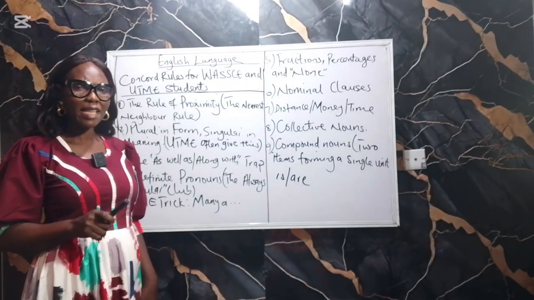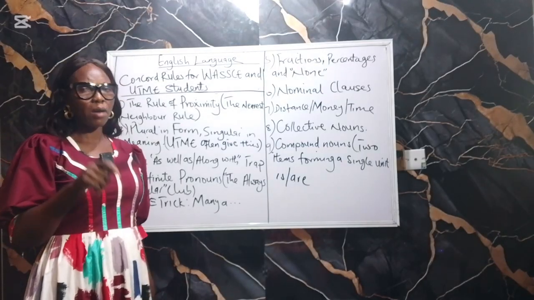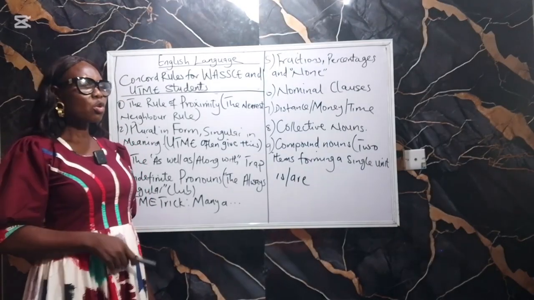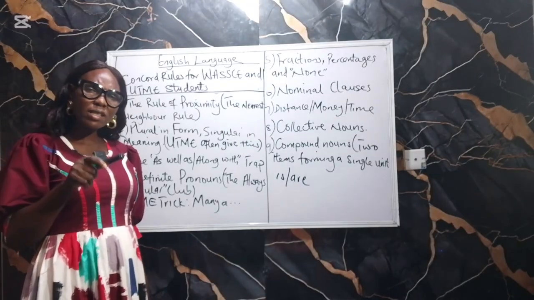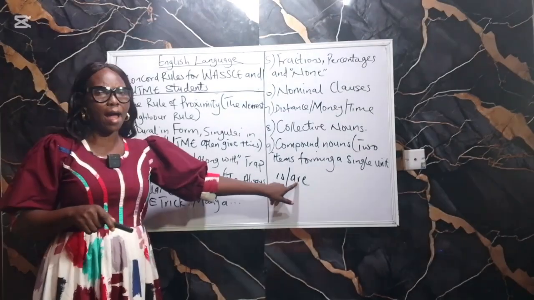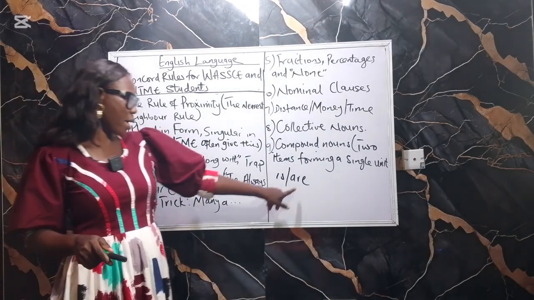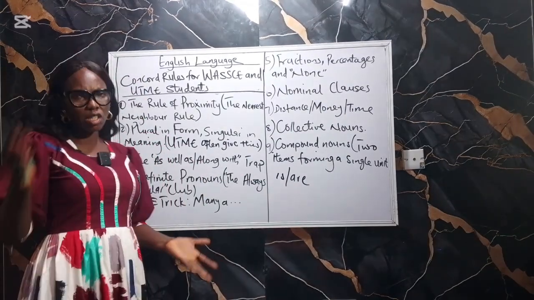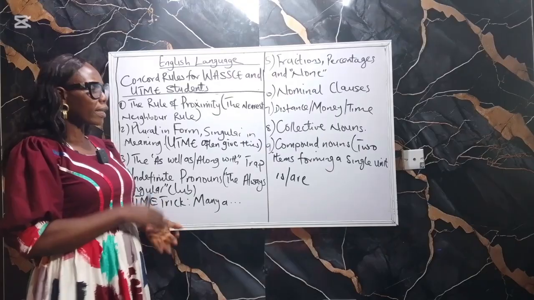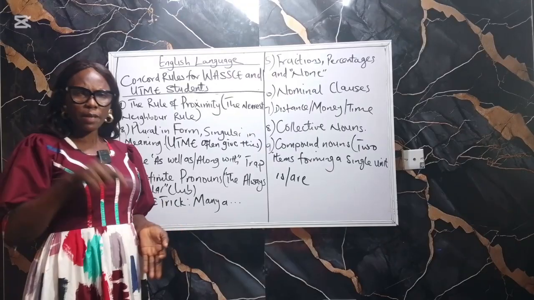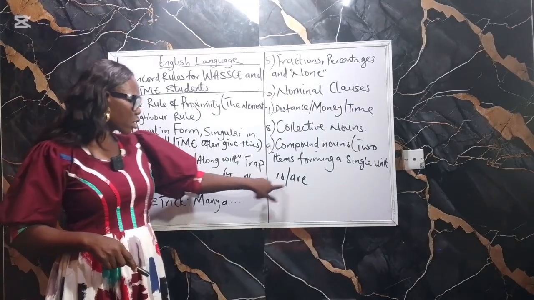Why? Because I said neither the principal nor the teachers. So the subject that is closest to the verb is or are is teachers, and so the answer should be are. But if I say it the other way, neither the teachers nor the principal, is it going to be is or are?